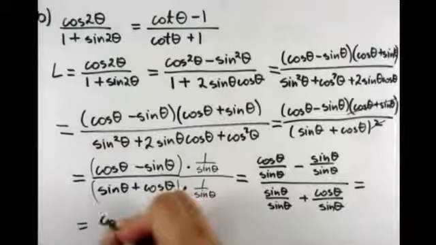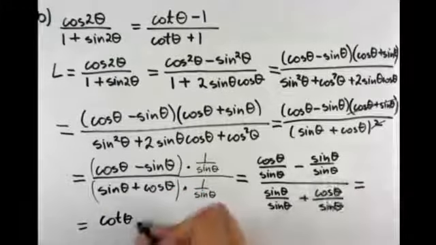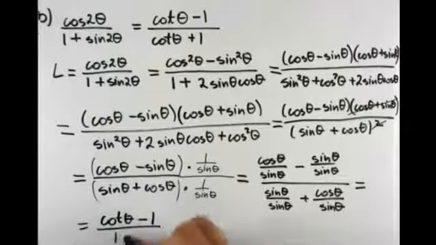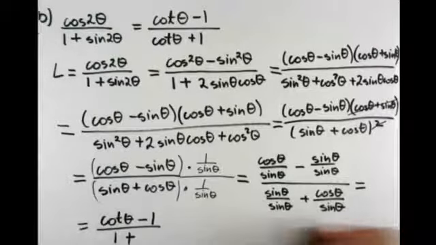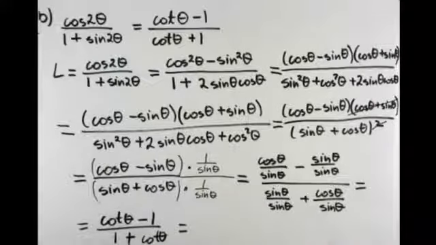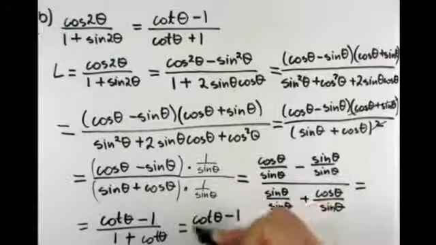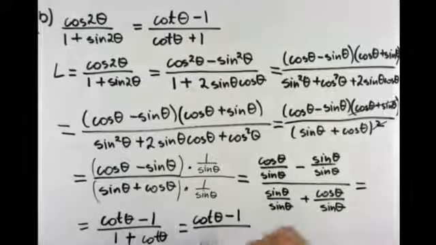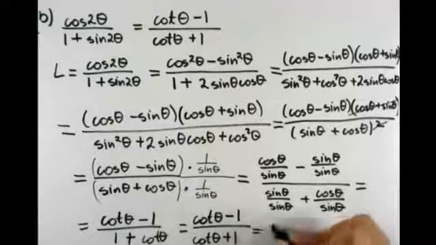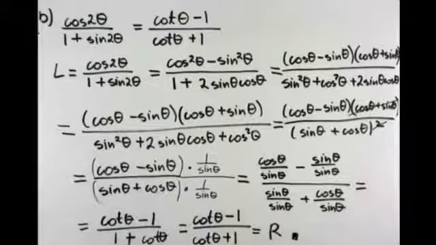So this is equal to cotangent theta, sine cancels out, minus 1, sine cancels out, 1 plus cos over sine is cotangent. So the bottom we can rearrange, and we are getting what we need: cotangent theta minus 1 over cotangent theta plus 1, which is equal to the right side, and that completes the proof.